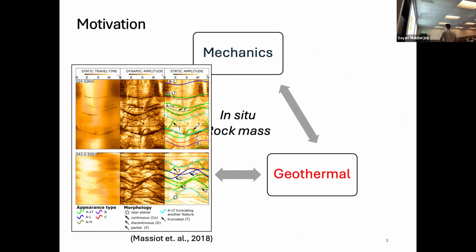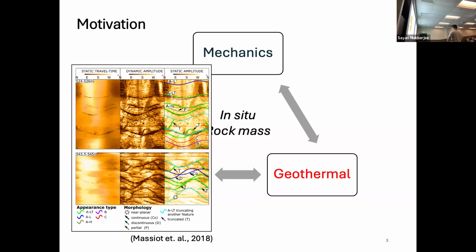This is a borehole image log from another study at this study site. As you can see, there are fractures oriented in all directions in this image log. When these fractures are created, they let fluids flow in and also alter the local geothermal condition.